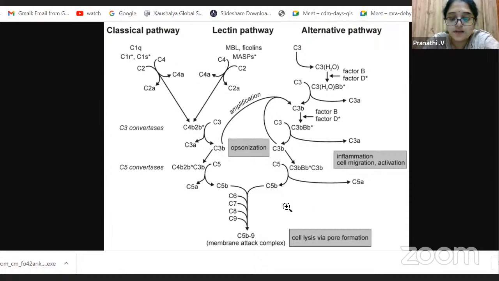This creates a pore in the cell membrane that leads to cell lysis. The first step in the formation of the membrane attack complex is C6 binding to the C5b on the cell surface. Then C7, C8, C9 bind. They form the C5b678 complex, which is also known as the membrane attack complex.